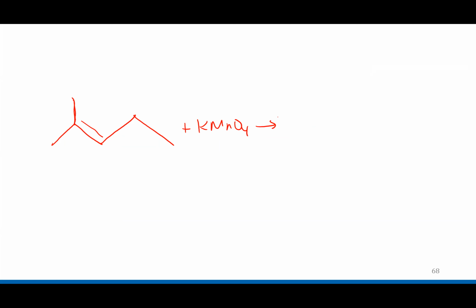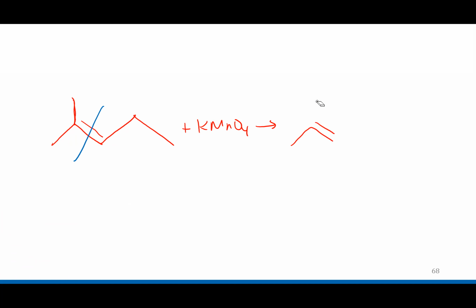Okay, so what do we do? We split the double bond. I'll go with blue again. Split this double bond, literally cut this molecule in half at the double bond and write each side. Imagine I had a pair of scissors, cut it in half. So I end up getting this.